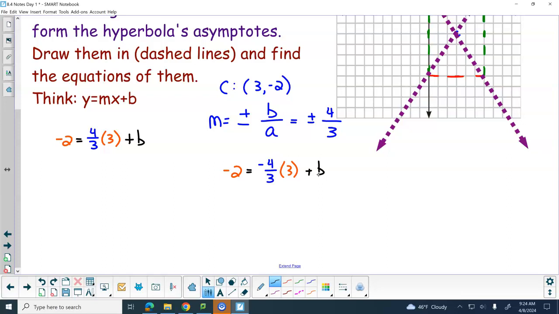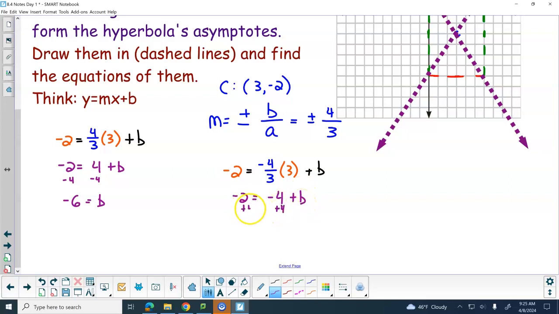4/3 times 3, anyone? Four-thirds times 3 is 4. So this is going to be -2 equals 4 plus b. Subtract 4 from both sides, and I get -6 is equal to b. Over here, we get -2 equals -4/3 times 3, which is -4, plus b.